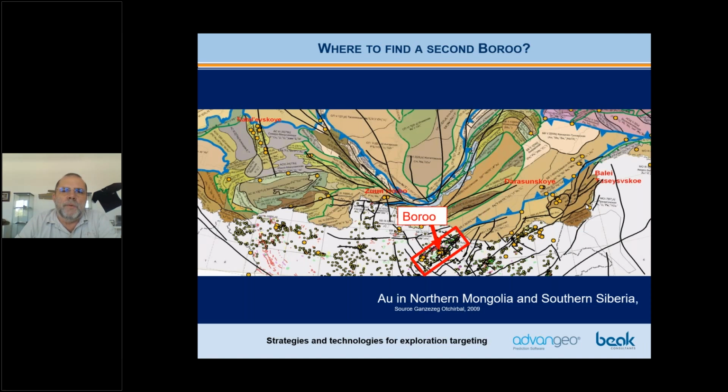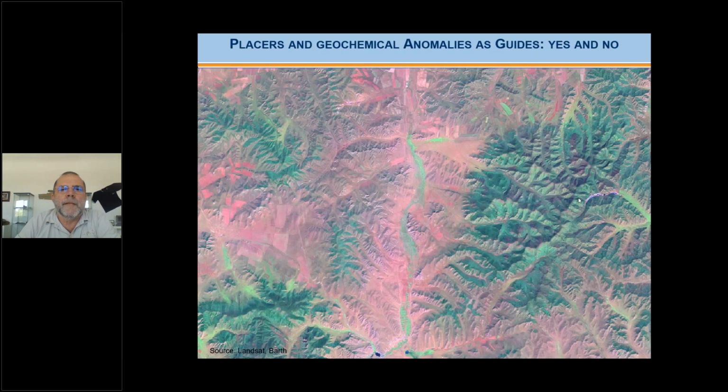Now the question is how we can find more targets around the known Boro gold deposit. Usually people use placers. So we have here the Boro hard rock gold deposit and placers around it. The placers would probably guide a geologist to the hard rock gold deposits, the placers or stream sediments.